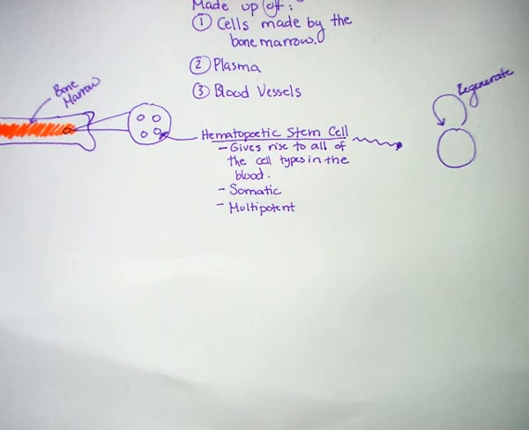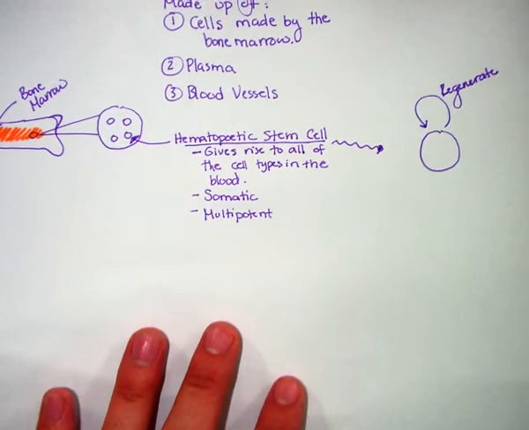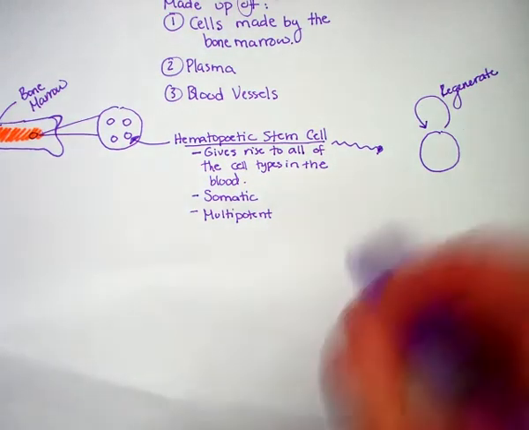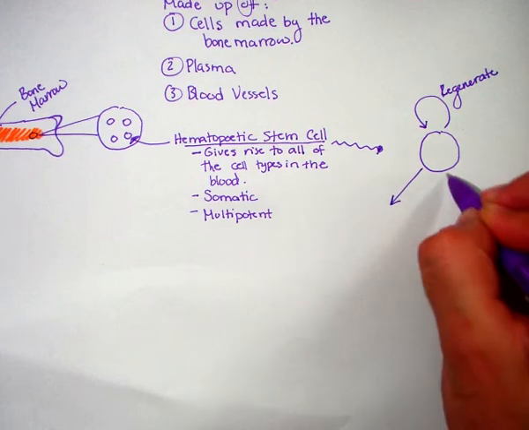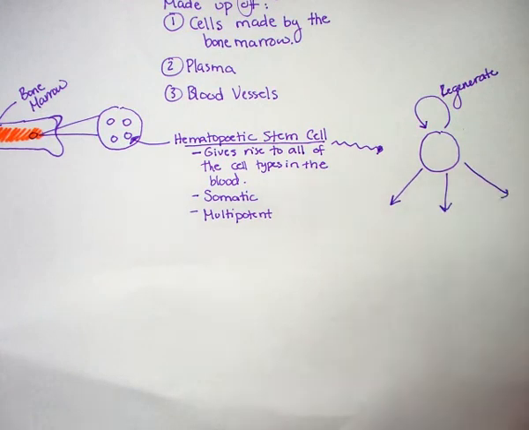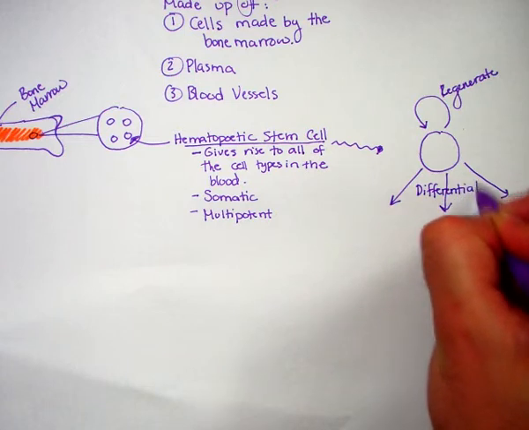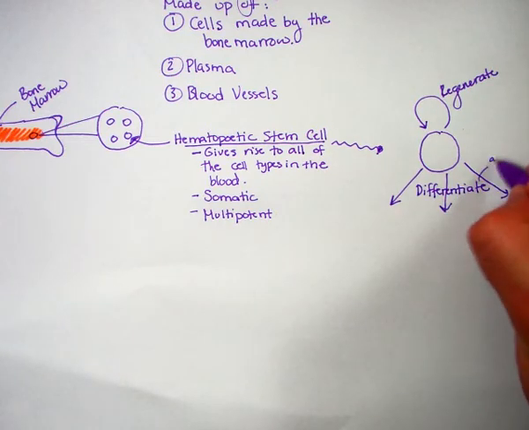So it regenerates by mitosis. But then, what can also happen is that it can differentiate, or also known as specialize.